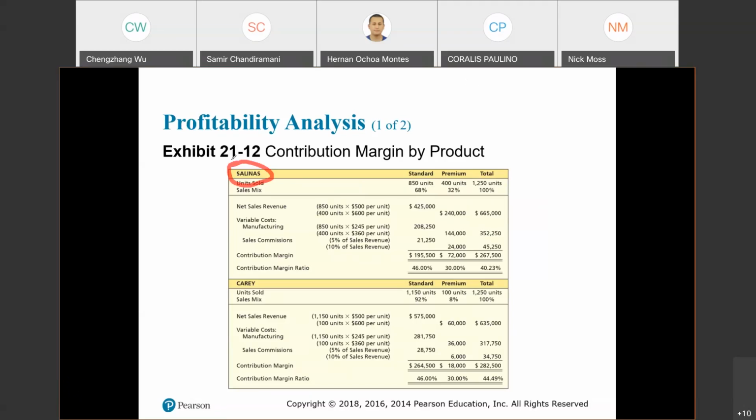Let's look at each sales representative in more detail by examining how the sales mix affected this result.